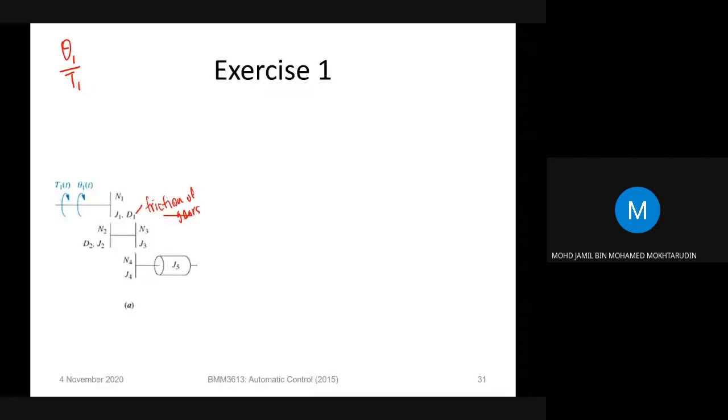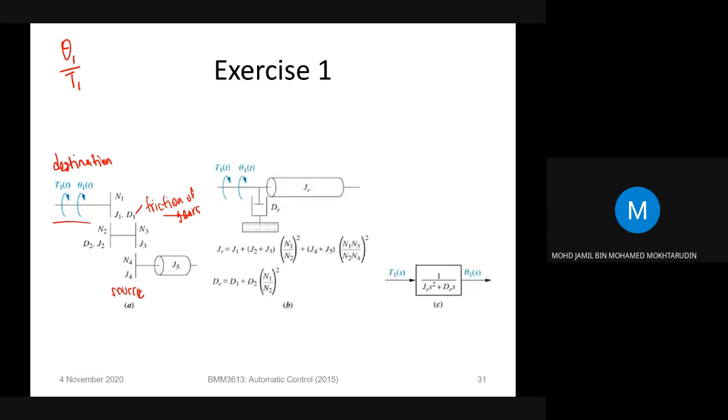And J1, J2, J3, J4 are the mass of the gears. Okay. So since theta 1 is on this part, we can assume this as a destination, while the others are the source. Okay. So first you need to transfer everything to the destination.